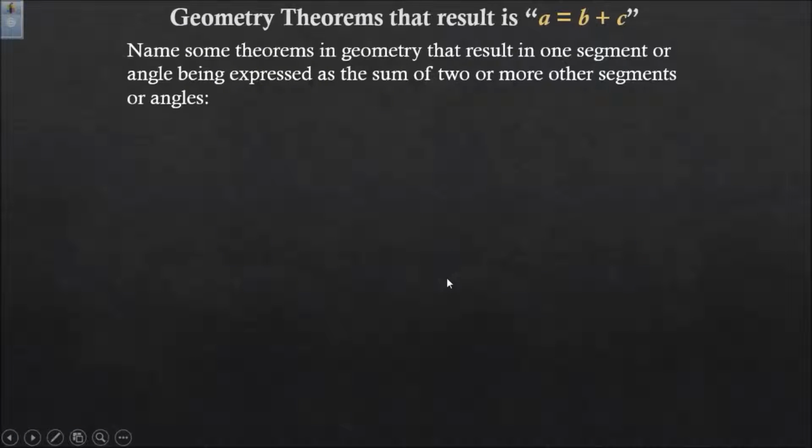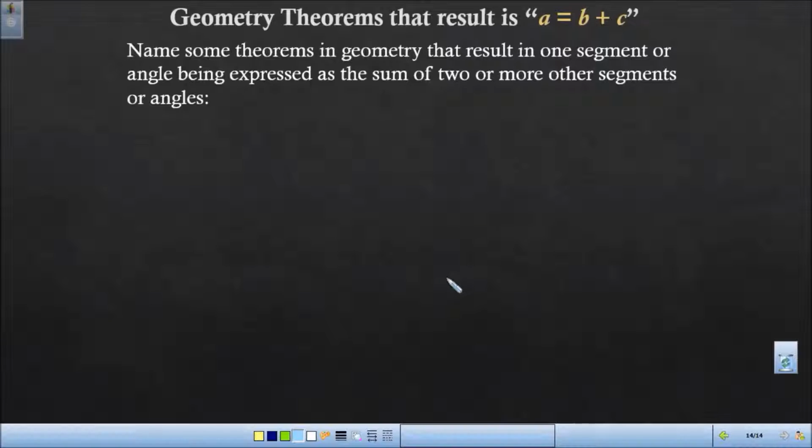Okay, so let's think for a moment about some geometry theorems that result in this kind of scenario: A equals B plus C. There's the exterior angle sum theorem, for example, where the exterior angle, usually called angle 1, is equal to the sum of the two interior angles.